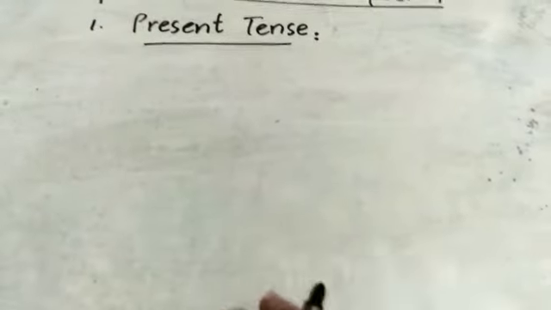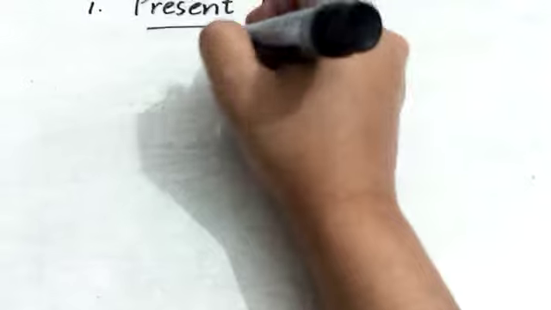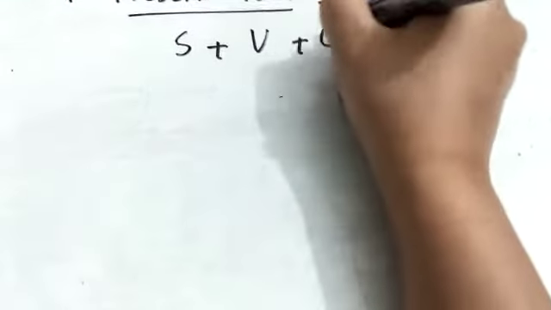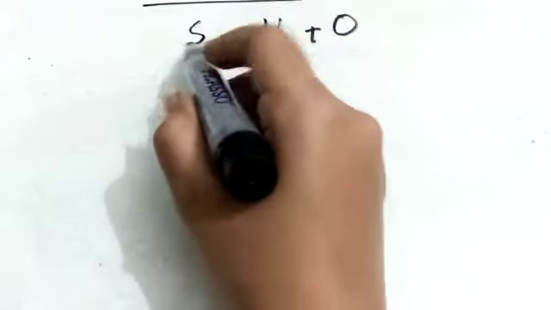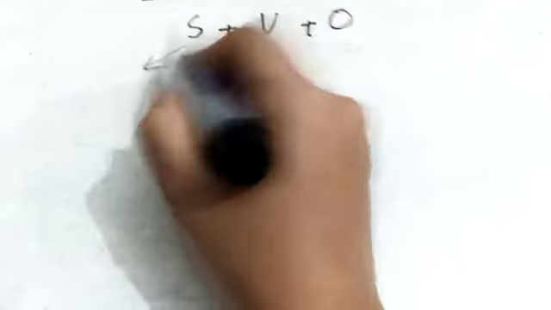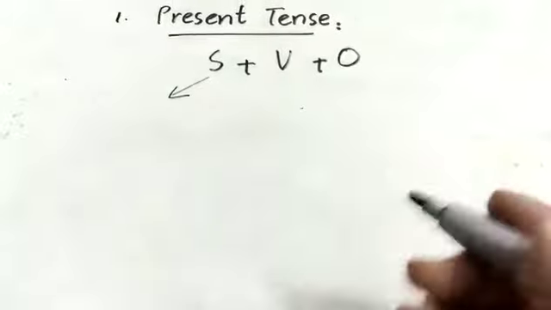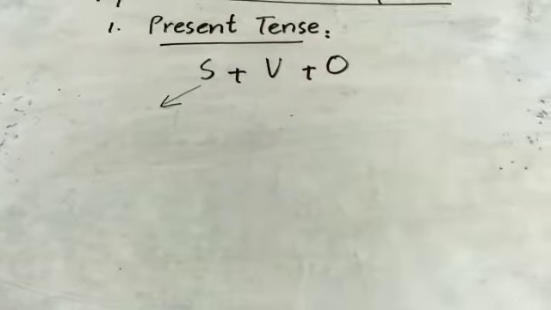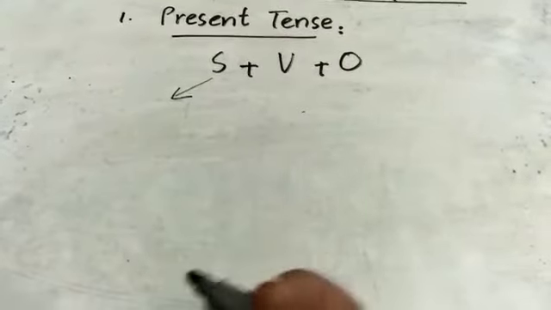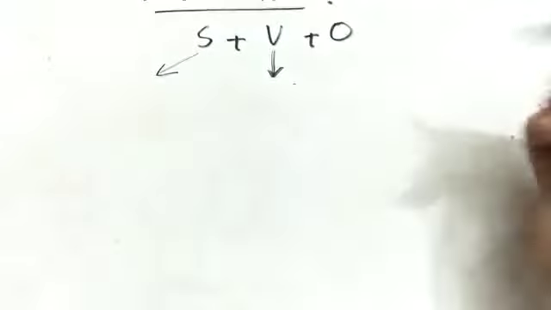Here we have some important things for each tense, and there are three basic components: subject, verb and object. Now, what is a subject? Subject is a person who does something in a sentence. For example, Ali eats food. Now who is eating food? Ali is eating food, so Ali is a subject. And a verb is a word which shows any action.